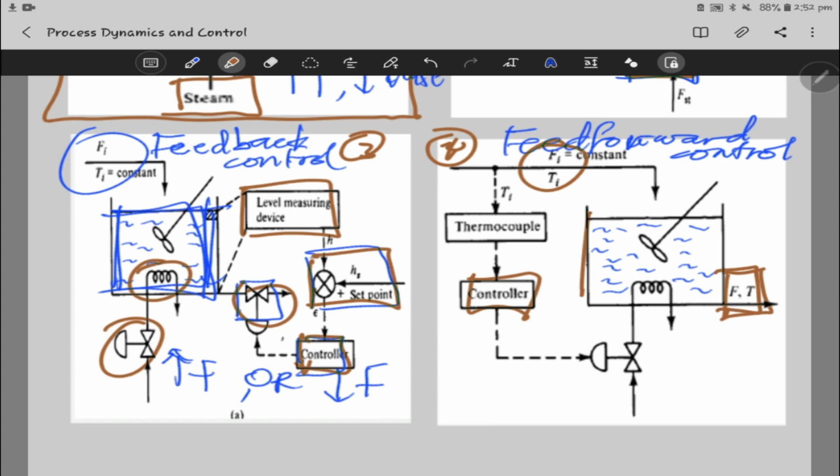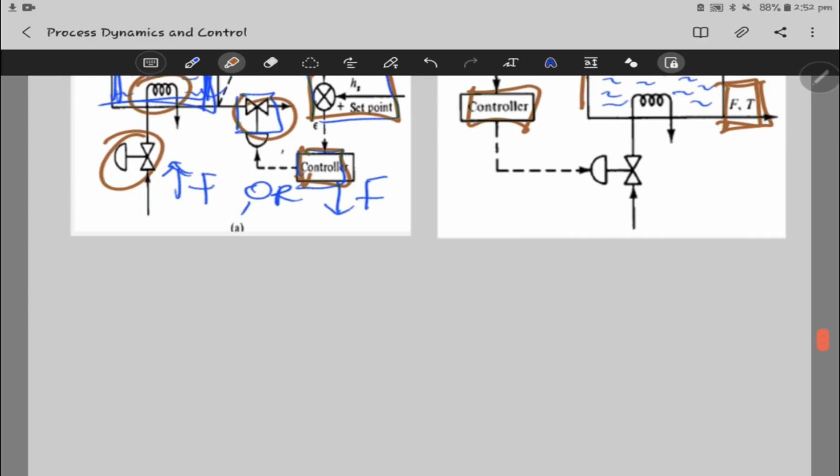So it makes predictions, and that's the controlling, everything on the input. So in systems like this, that is what we call the feed-forward control.